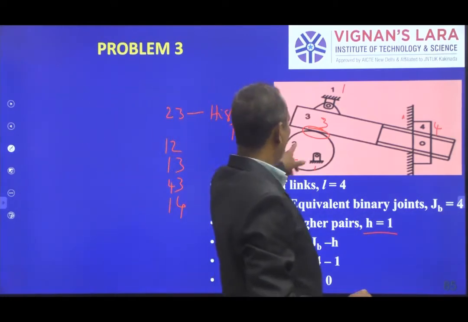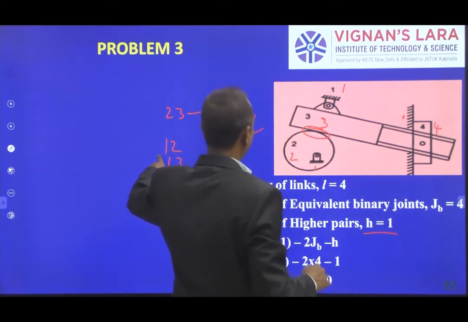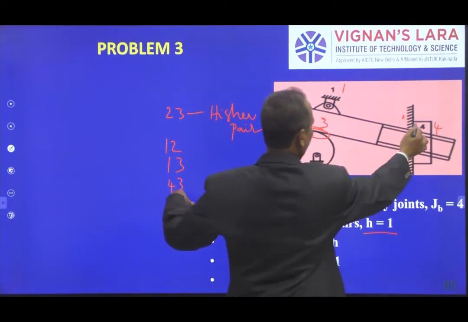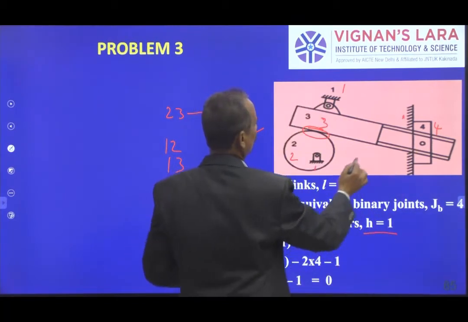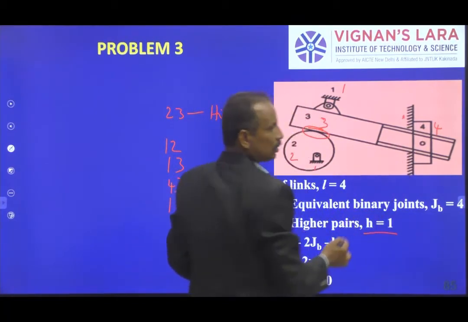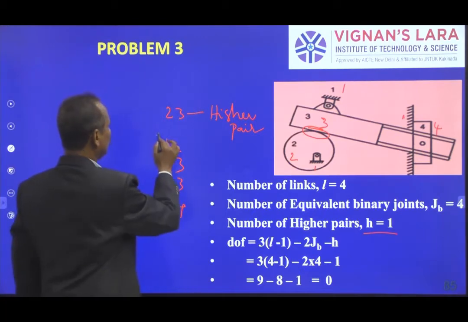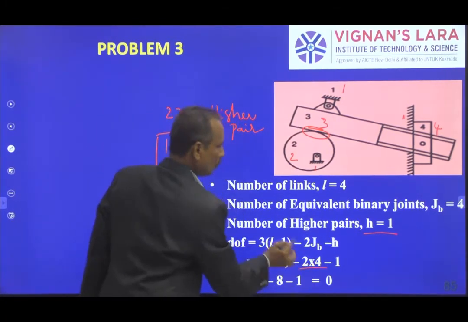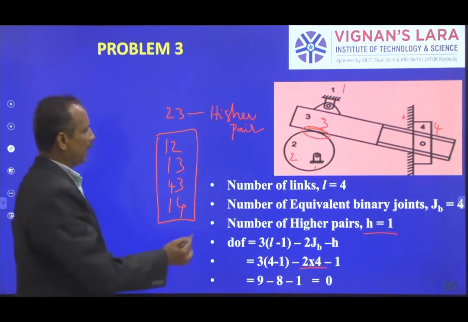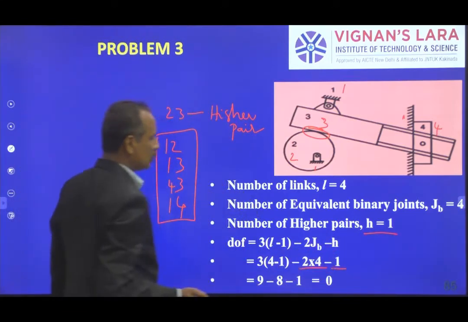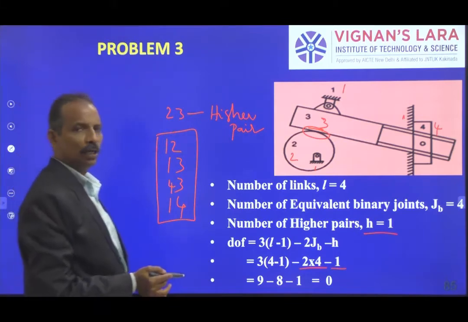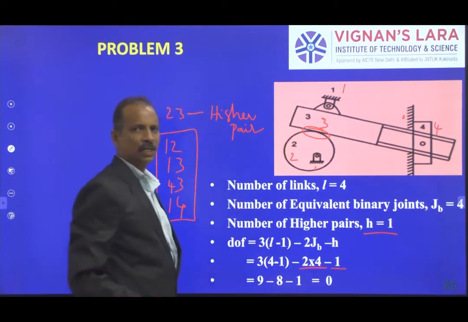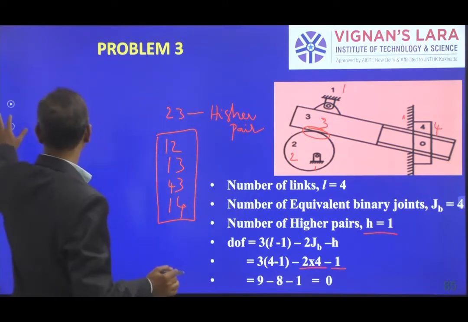These are the 4 pairs. 1, 2, 1, 3, 4, 3, then 1, 4, isn't it? So these 4 binary pairs, 2 into 4 and higher pair 1. So 3 into 4 minus 1 minus 2 into 4 minus 1, that is 9 minus 8 minus 1, which is equal to 0.